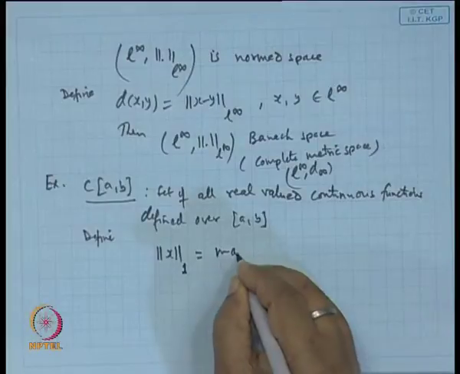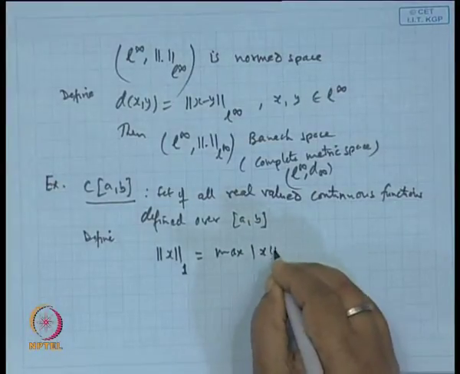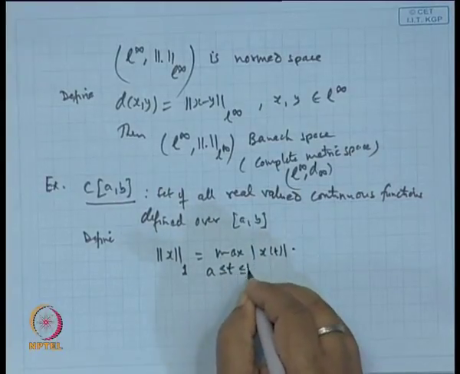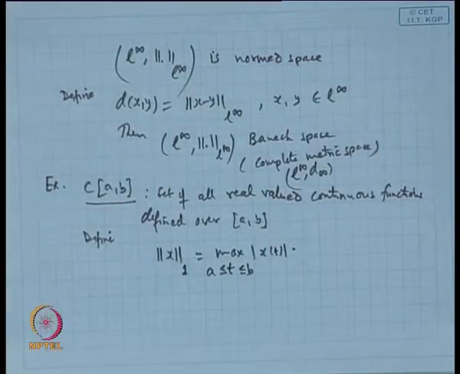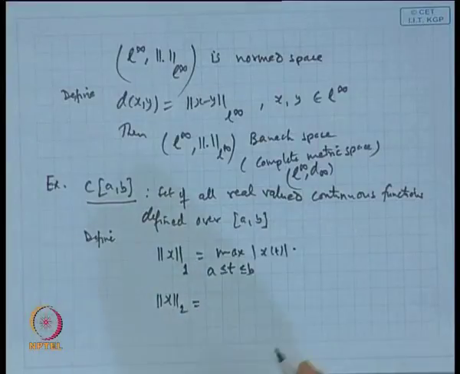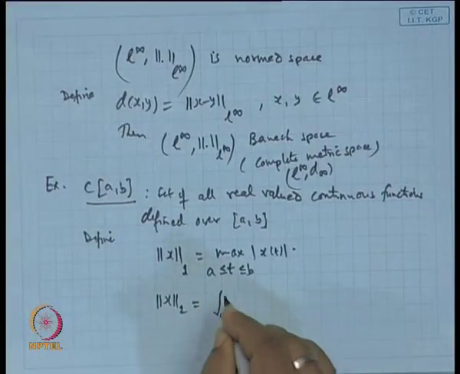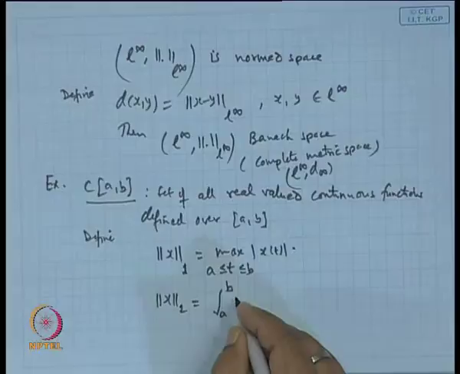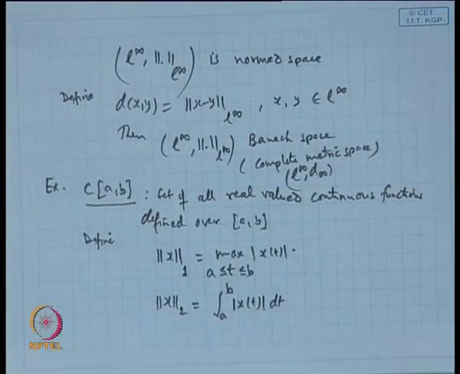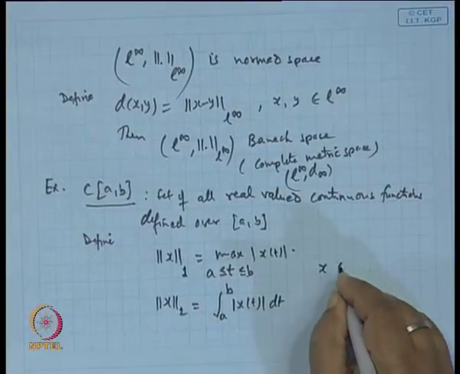One is the norm of x, subscript 1, as the maximum of |x(t)|, t lying between a and b. Another way, I introduce the norm of x, subscript 2, as the integral from a to b of |x(t)| dt, where x belongs to C[a,b].